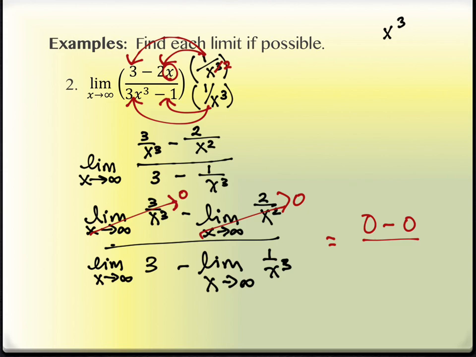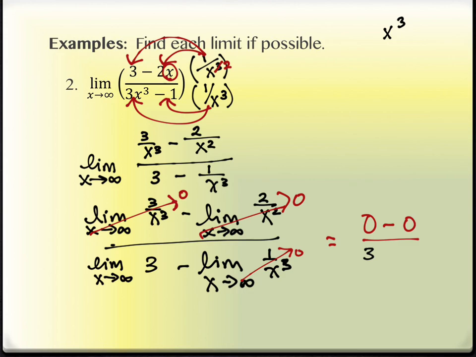The limit as x goes to infinity of 3 is 3, and we need it not to be a 0 down in the denominator, right? I can't have zeros in the denominator and the numerator. I've got a problem if I do that. And that's actually the reason that we identified that x cubed was our highest power. It's because I do need that constant piece to still be there when I'm done. Okay? And then the last one, the limit as x goes to infinity of 1 over x cubed, that one's a 0 again.